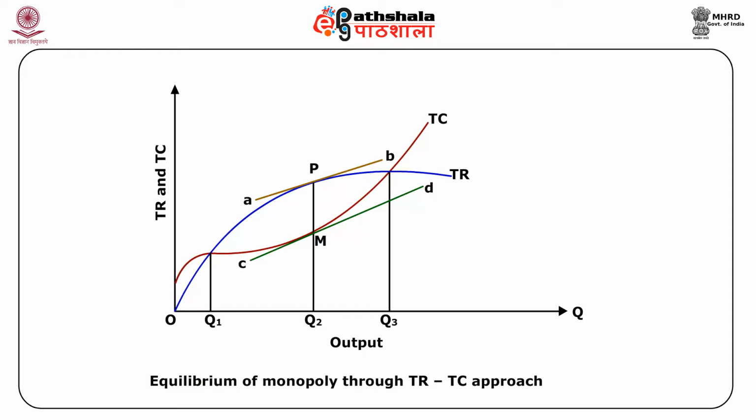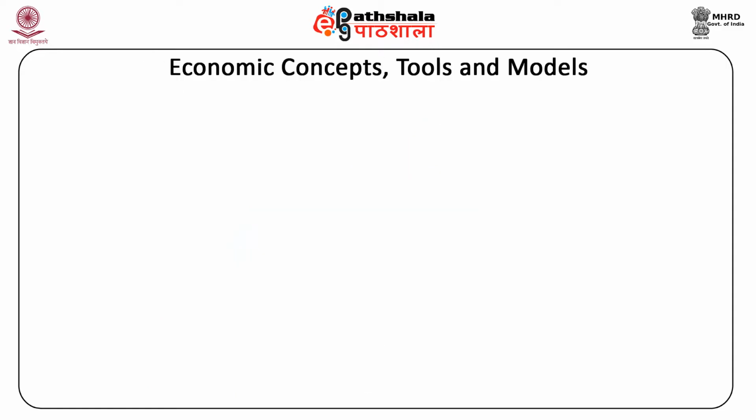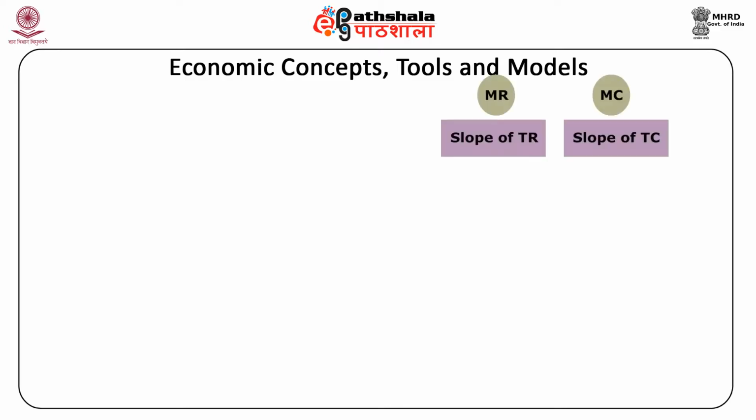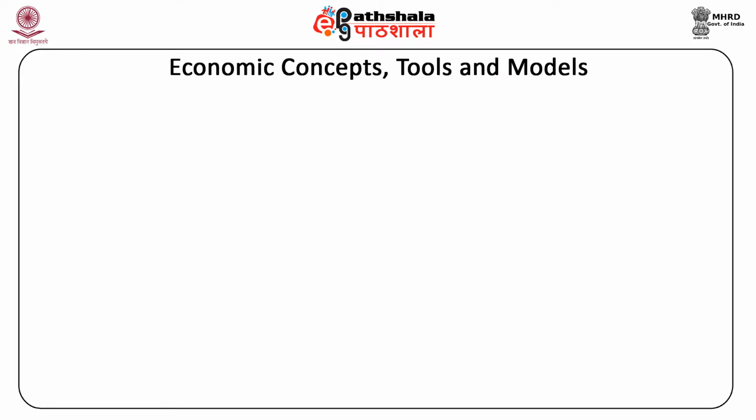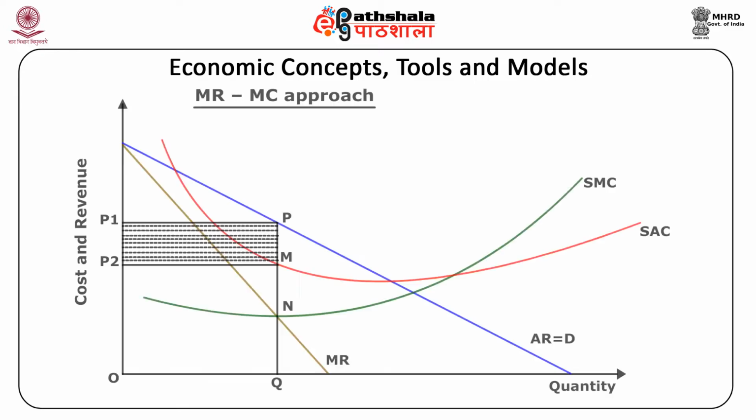Now, if we analyze this MR-MC approach, as we know that marginal revenue, that is MR, is the slope of TR and marginal cost, that is MC, is the slope of TC, therefore this approach is in turn an extension of the previous approach. The equilibrium can be represented as in the diagram.